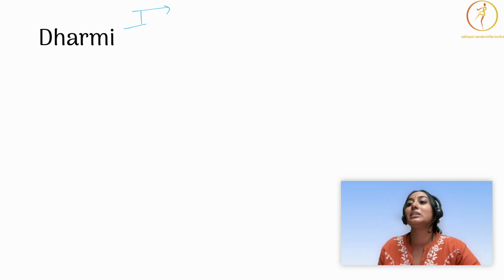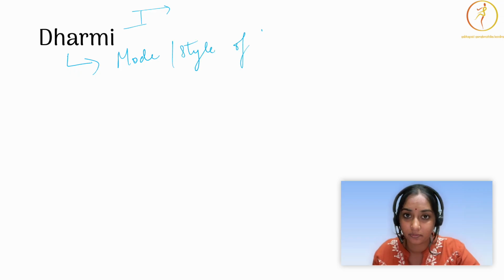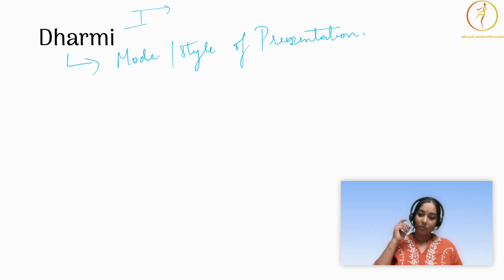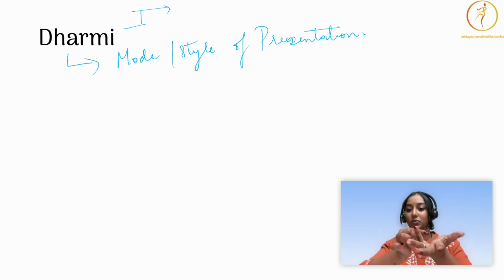So what is Dharmi? Dharmi can be understood as the mode or style of presentation. Let me give you a rather simple example. If you ask one dancer, please give me a cup of coffee in dance, a dancer may do this.